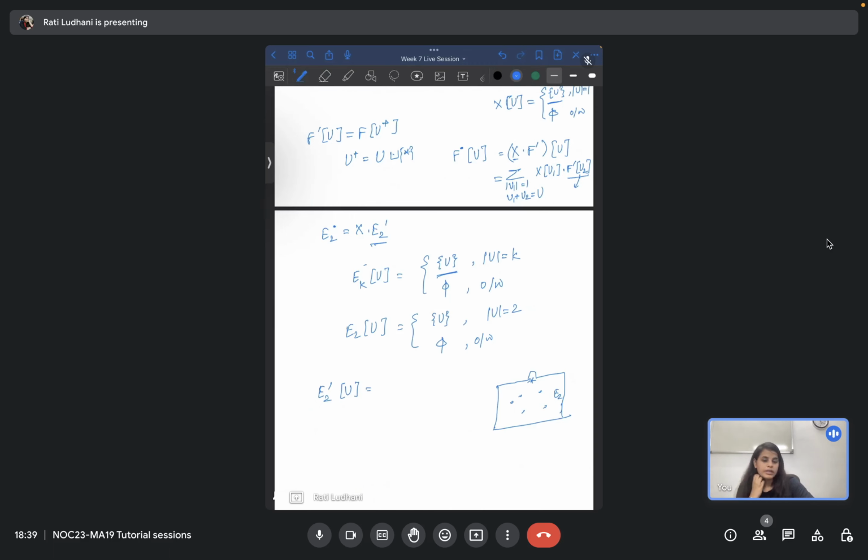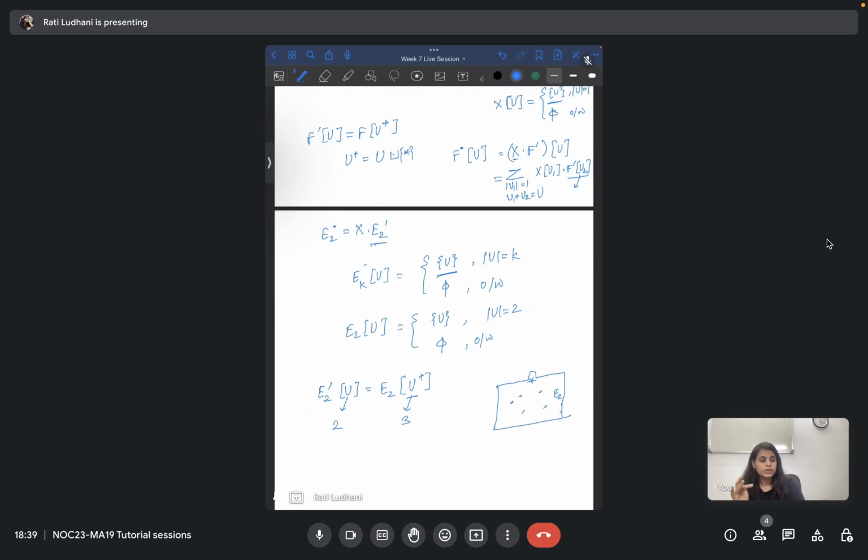Okay, then this is exactly E2 of U plus. So this has one extra element, so for example, because this is the same on any U. So now let's see, this is U plus, so this has cardinality. If U has cardinality 2, then this will have cardinality 3, right?